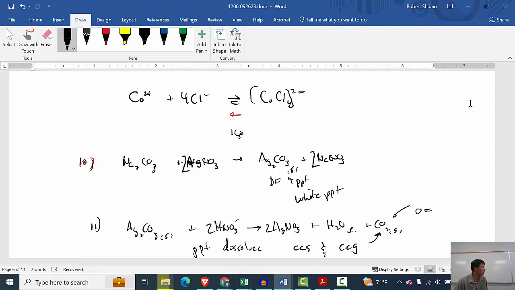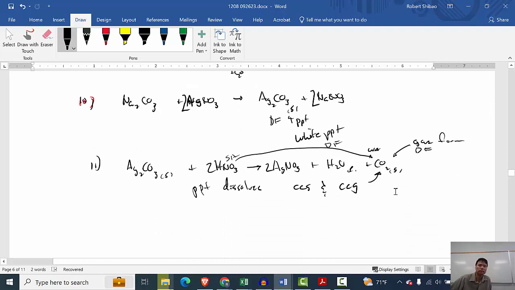There's also one more driving force, which would be stronger acid, HNO3, to weaker acid, CO2. So the precipitate dissolves, resulting in a CCS and a CCG.